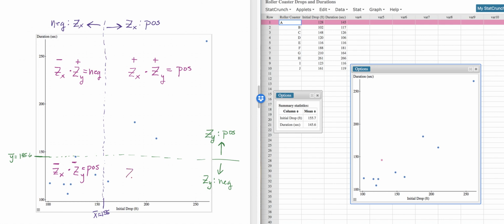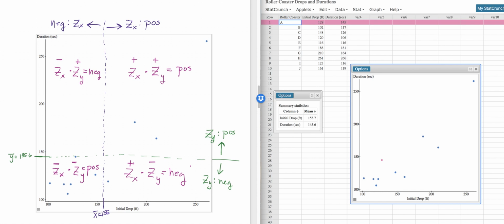Last quadrant here, z-score for the x is positive because I'm to the right of my mean line for the x's, times the z-score for the y's is negative because I'm below the mean line for the y's. Positive times negative is negative.